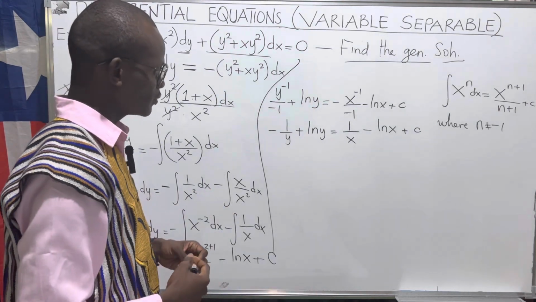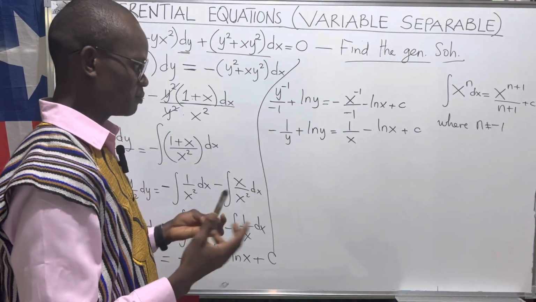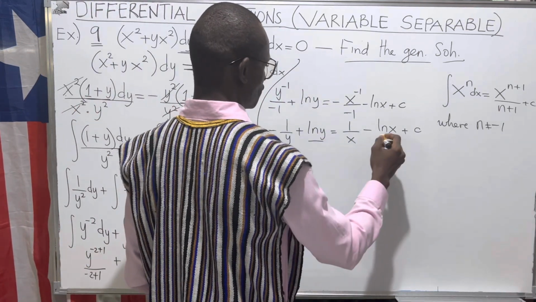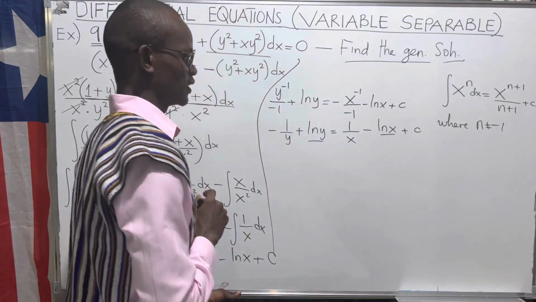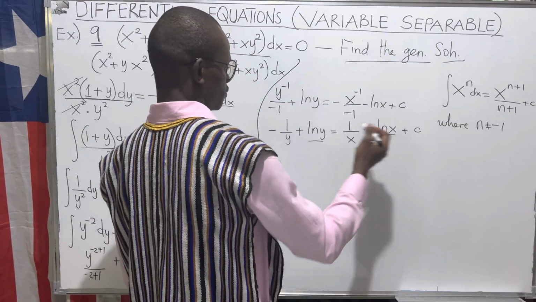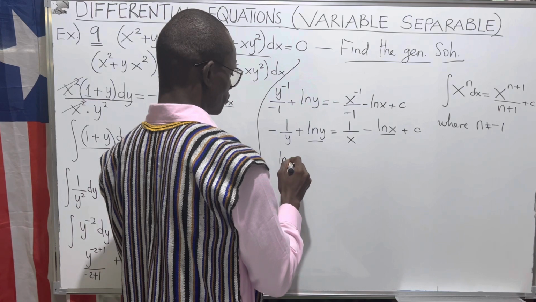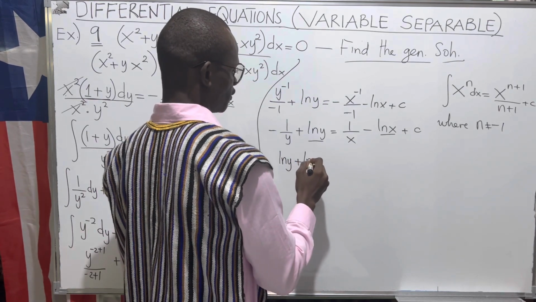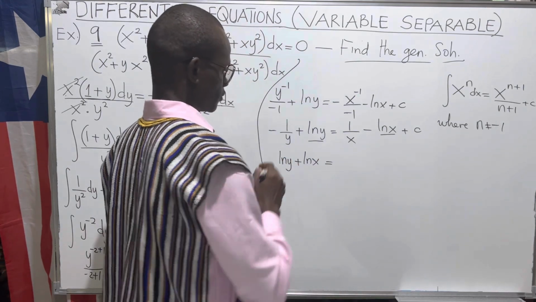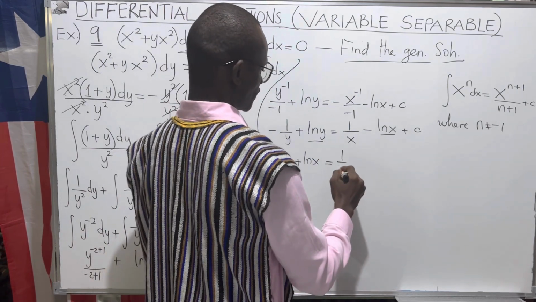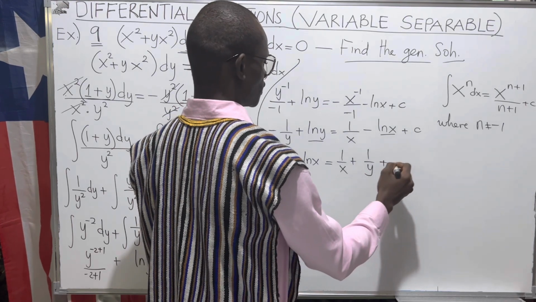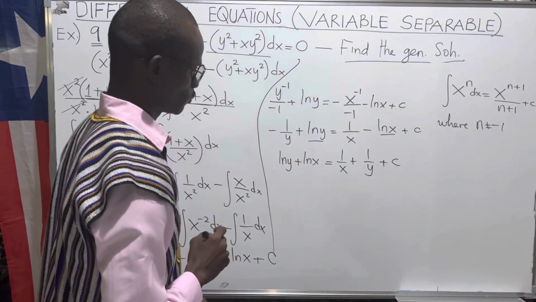So again, we said we want to simplify the problem further. So we can decide to group all of the terms with ln. So if we group all of the terms with ln, we will have ln of y plus ln of x equals, now this side is 1 over x, and this side is plus 1 over y plus arbitrary constant c.